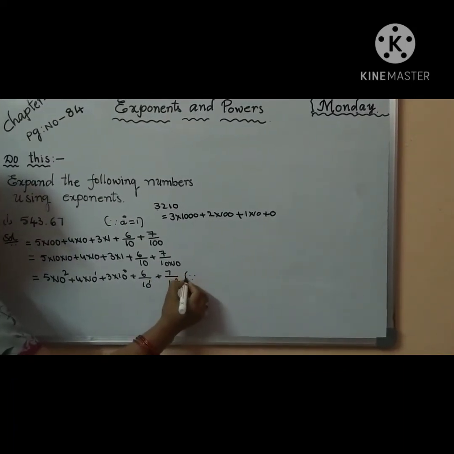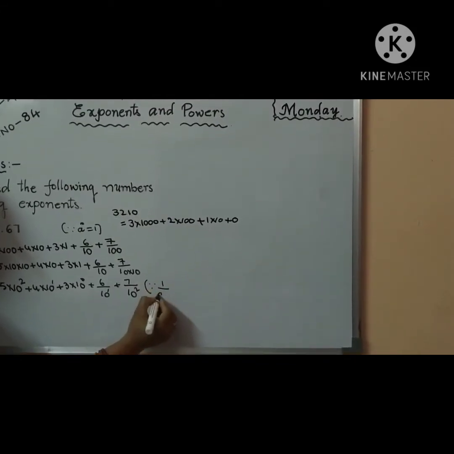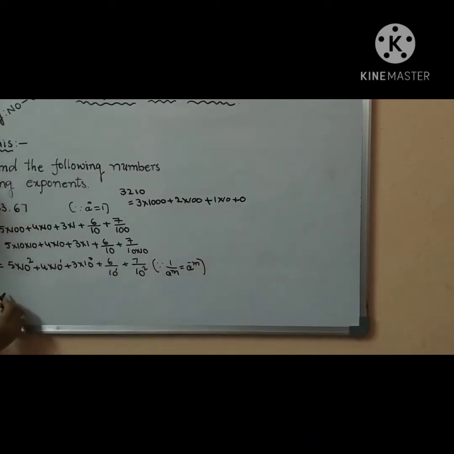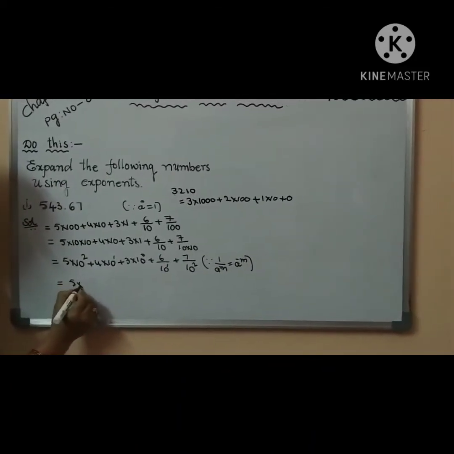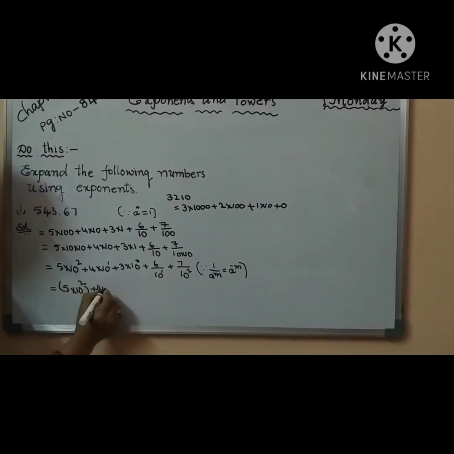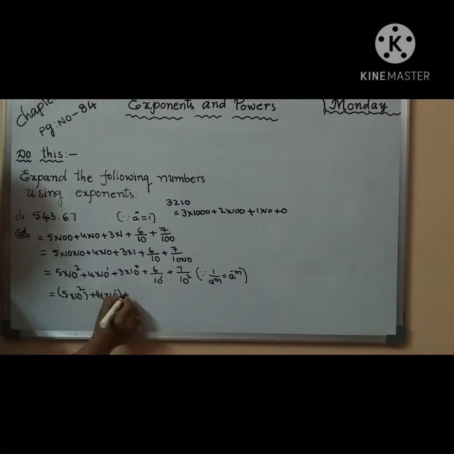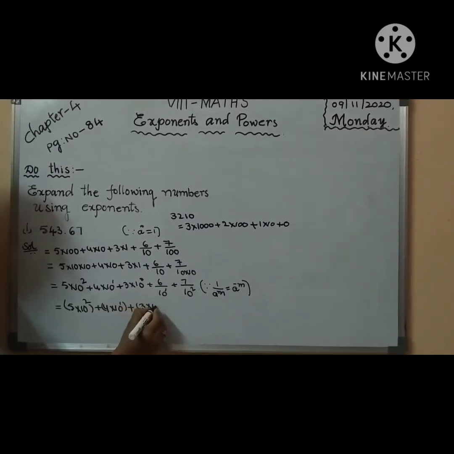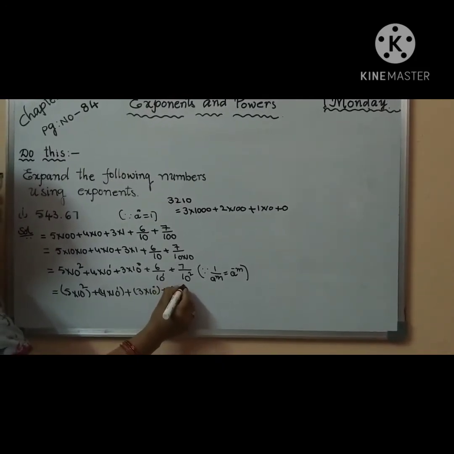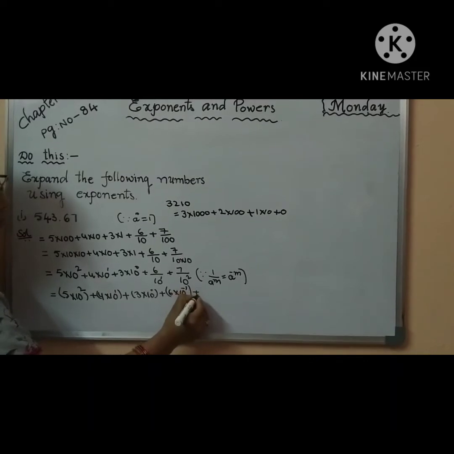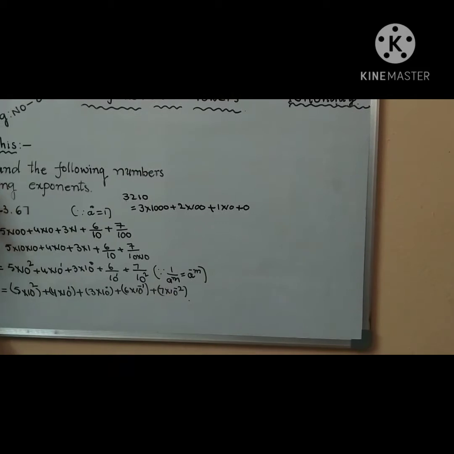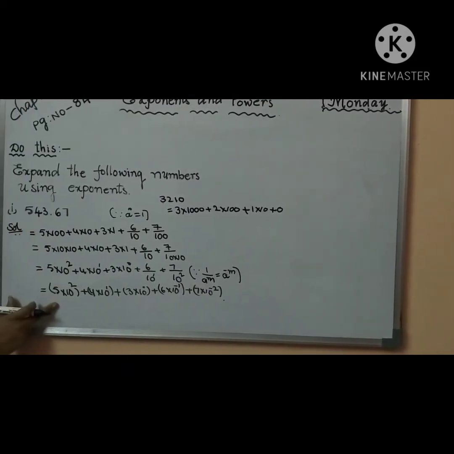Comparing with the laws of exponents, 1 by a power m equals a power minus m. So we write 5 into 10 square plus 4 into 10 power 1 plus 3 into 10 power 0 plus 6 into 10 power minus 1 plus 7 into 10 power minus 2. It is a decimal number changed to the expanded form.